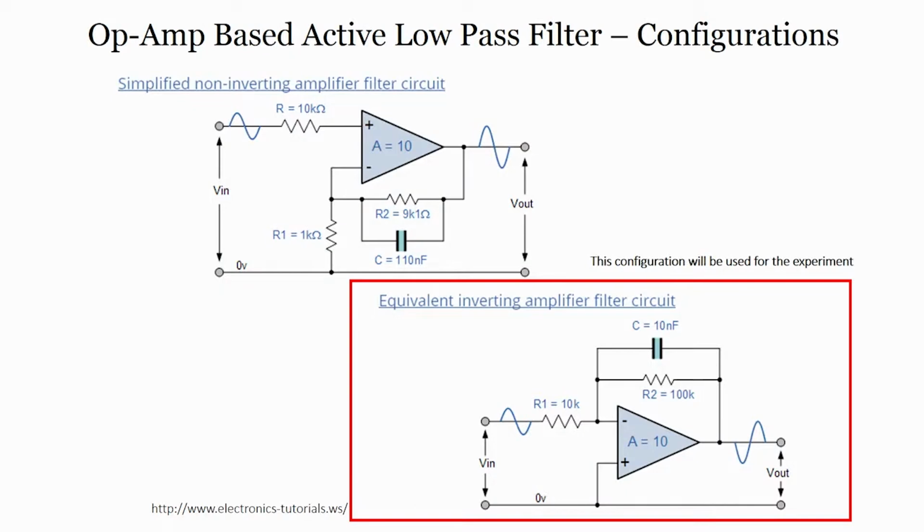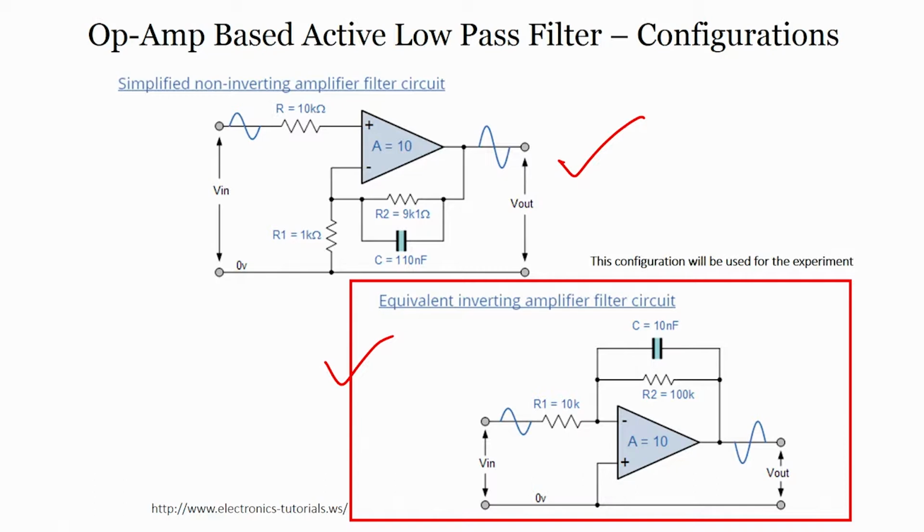Now see, sometimes you will see the circuit drawn in this particular fashion. Sometimes you will see the circuit drawn in this particular fashion. So, again do not get confused, both are the same circuit. This is the simplified non-inverting amplifier circuit, and this is the equivalent inverting amplifier circuit.